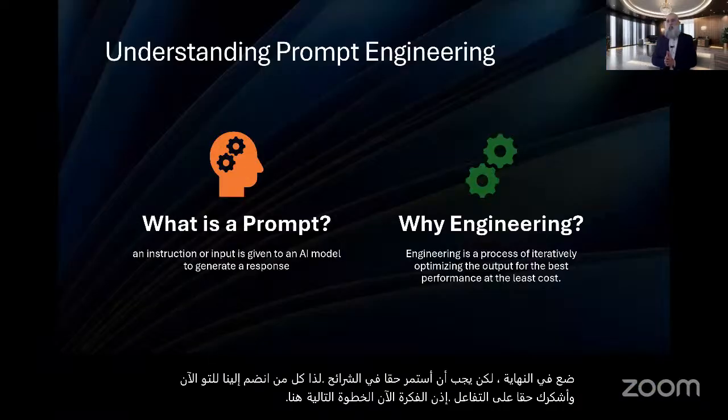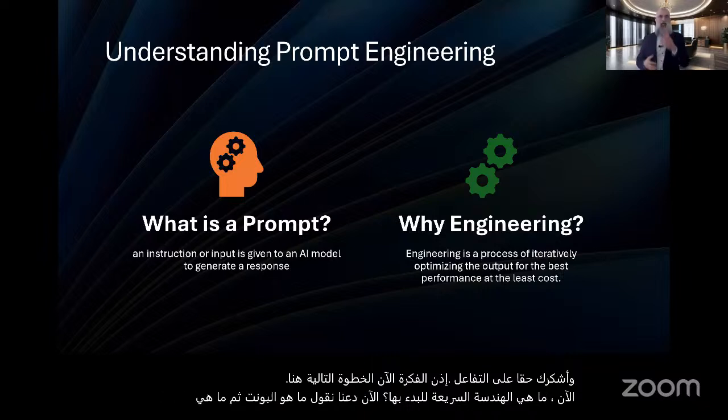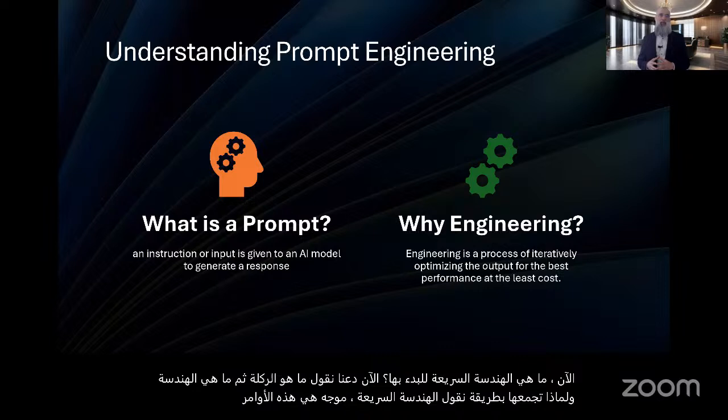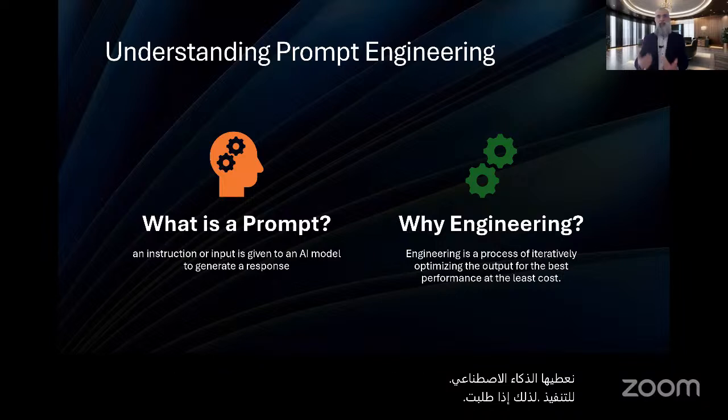Now, what is prompt engineering to start with? Let's say what is a prompt, and then what is engineering, and why we combine them in such a way that we say prompt engineering. A prompt is the commands that we give the artificial intelligence to execute. If I prompt an AI, it means I'm giving it commands, instructions to do.